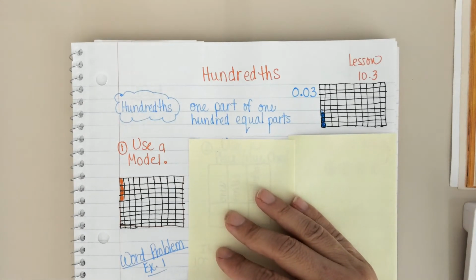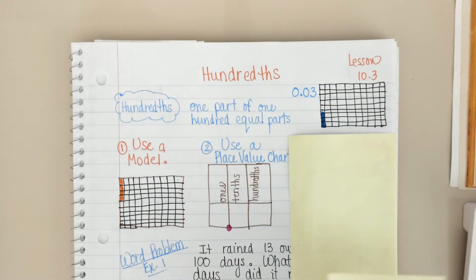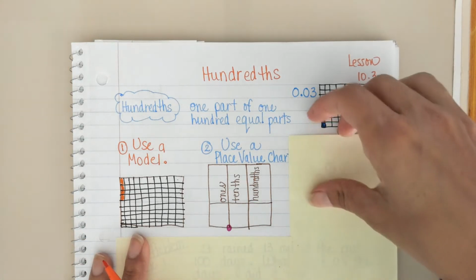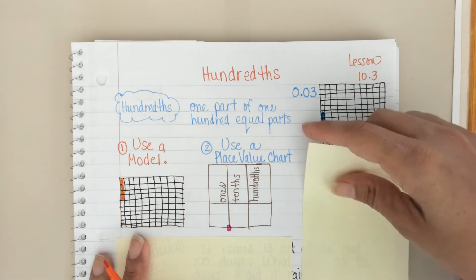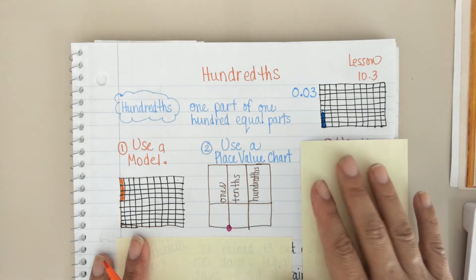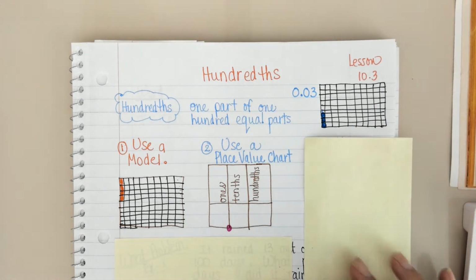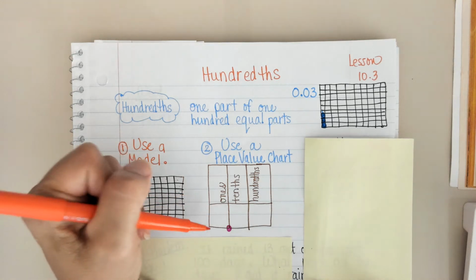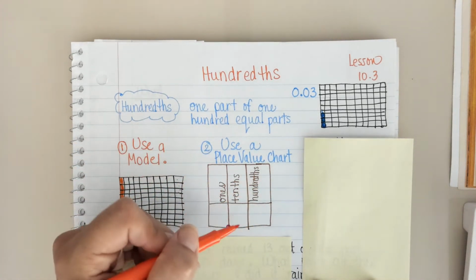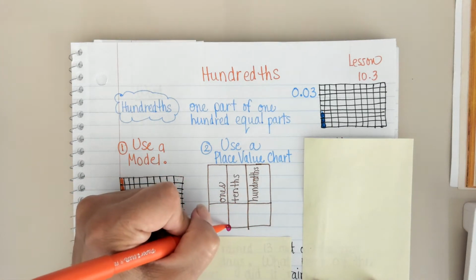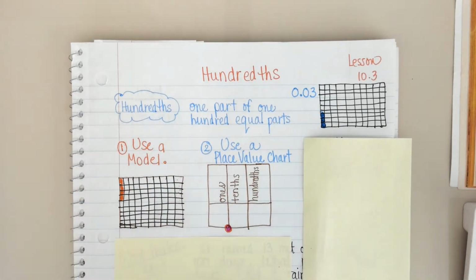Okay, another way to represent hundredths is to use a place value chart. So you made your rectangle. Ones, tenths, hundredths, label it, and make your decimal point.